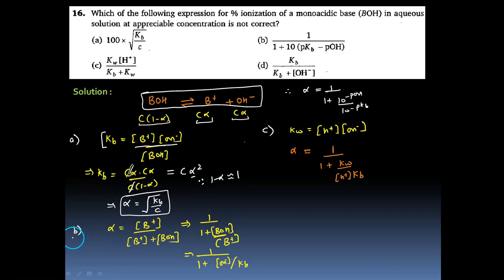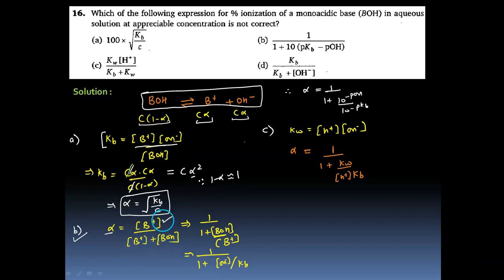So we know that alpha is the degree of ionization. We started with BOH, which dissociated into B+ and OH-. So what is the percentage of BOH which has dissociated? That will be equal to the concentration of B+ upon the concentration of B+ plus BOH.